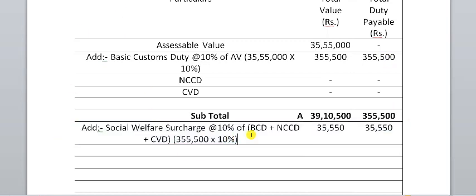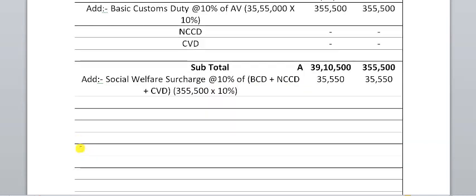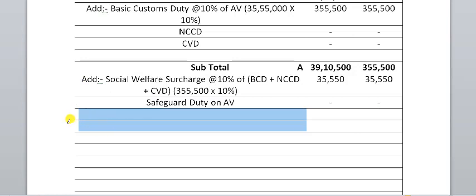Next, social welfare surcharge at 10% of BCD plus NCCD plus CVD. So 3,55,500, nothing else is given. So only 3,55,500 into 10%. They have not mentioned safeguard duty, they have not given protective duty and also anti-dumping duty.